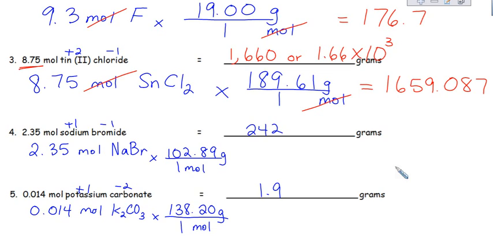That makes sense. I multiply across. Number 5, I have potassium carbonate, 0.014 moles. That's only 2 significant figures. So when you plug this in your calculator, you can really just leave the first 2 figures, just 1.9 grams.